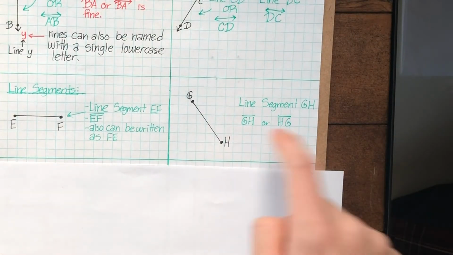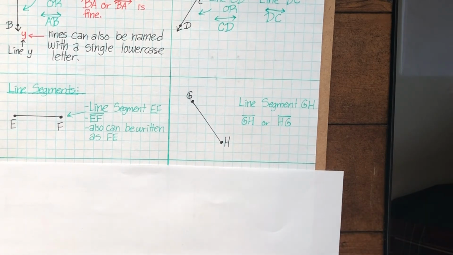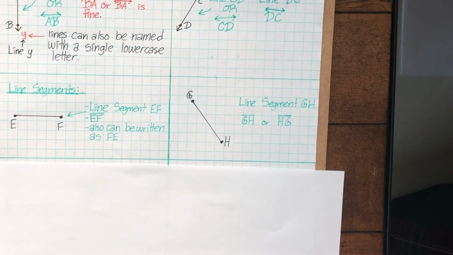This is line segment GH or line segment HG. Once again, it doesn't really matter what it is, just because it stops in both directions. So it doesn't really matter if you write HG or GH, both are acceptable, both are equal.